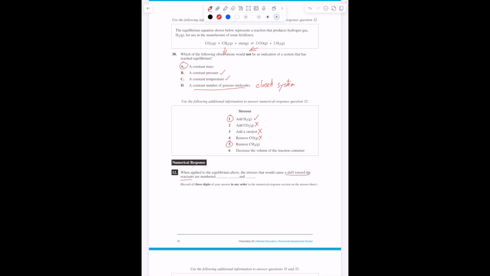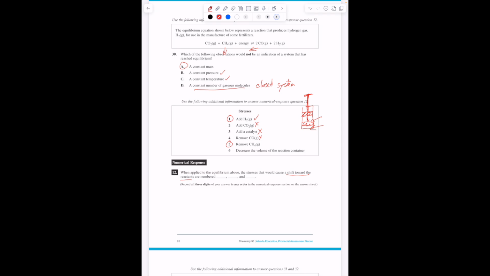Decrease the volume of the container. So what they want you to do here is think in your mind, if you're decreasing the volume, imagine a syringe and you've got the plunger, right? And so this is space in there. If I push this plunger down, I'm decreasing the volume. Now I got a very small volume in there.